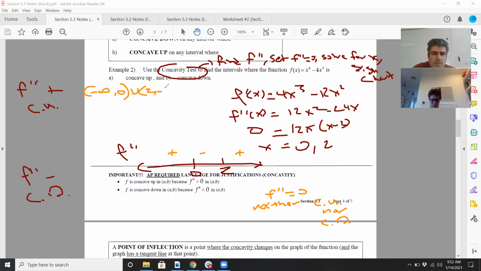Where are we concave down? 0 to 2. There we go. Those are the intervals. The proper language is down here. Like if I were to type this up, let me go to a text box here and change colors.